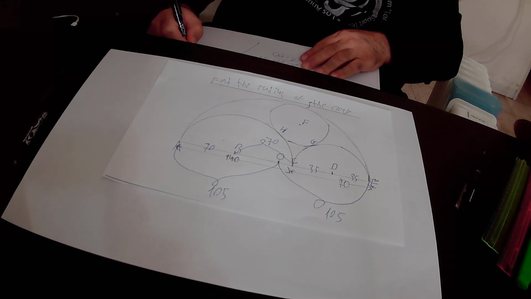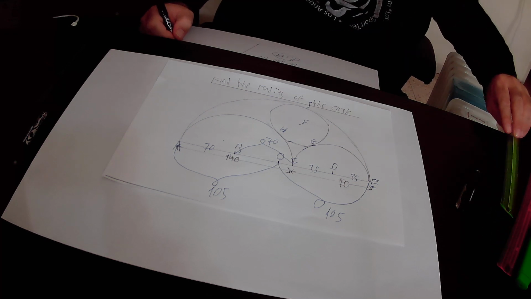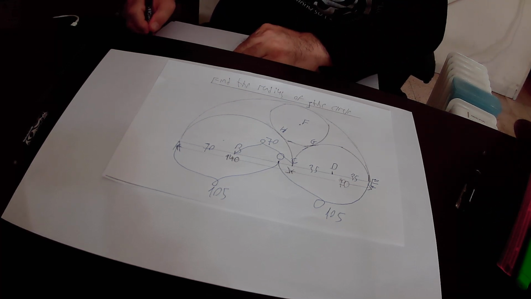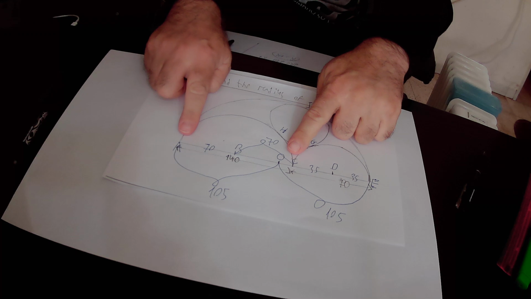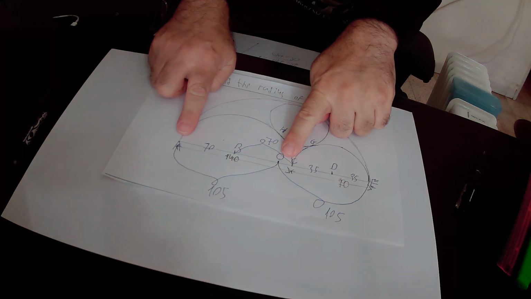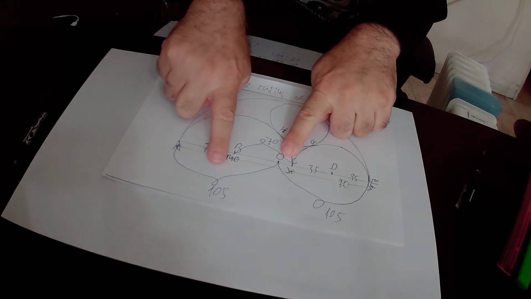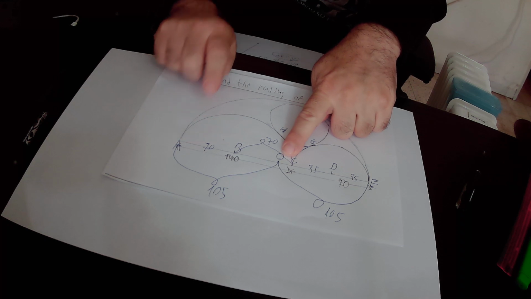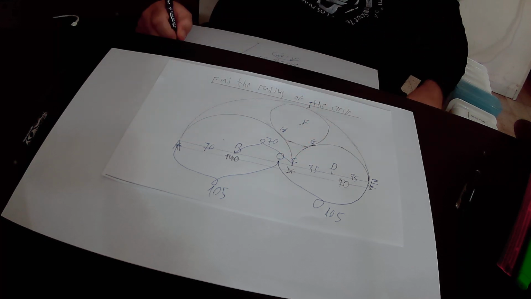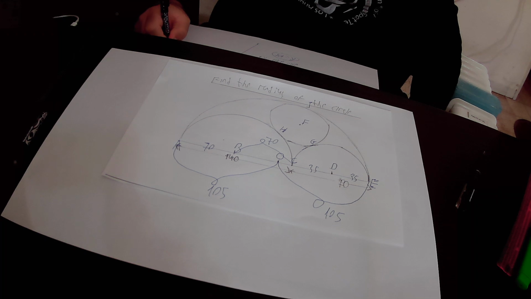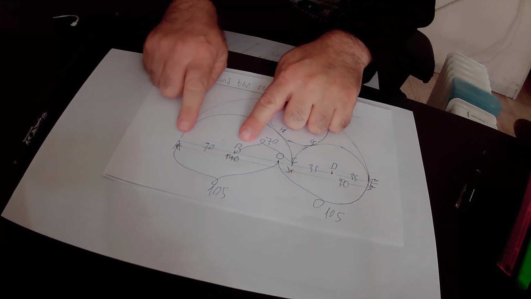So BO equals OA, the radius of the biggest semicircle, which is 105 units. So we substitute OA by 105 minus BA.